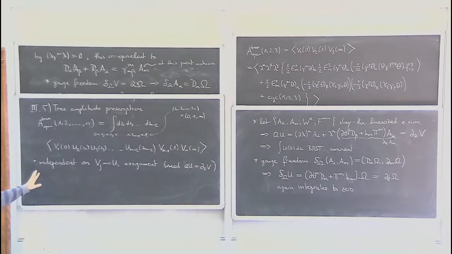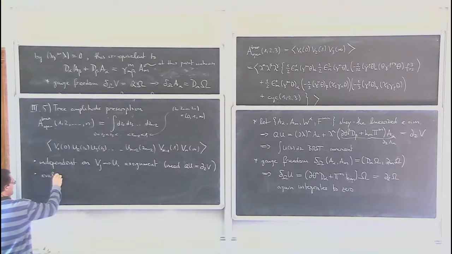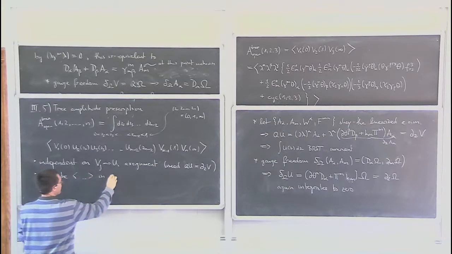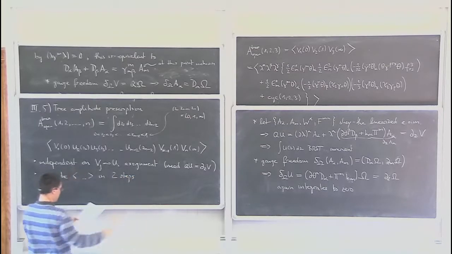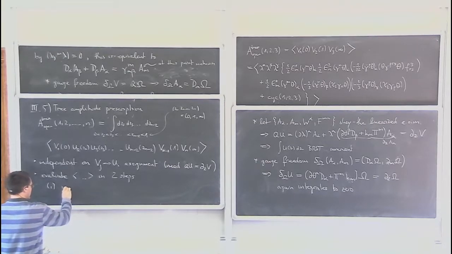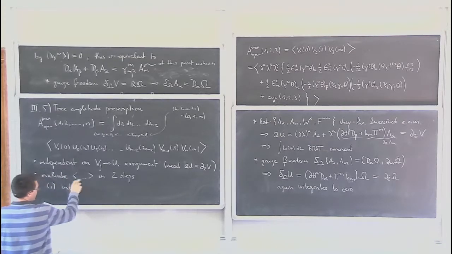As a next step, I want to sketch a strategy to evaluate these correlation functions to get something more explicit for the tree amplitudes. So it's a 2-step procedure to evaluate the correlator. It's just the skeleton of a strategy. I will spend a lot of time to make refined explanations on how you do these 2 steps in detail. But to first of all give the structure of the task ahead of us, we want to do a path integral.